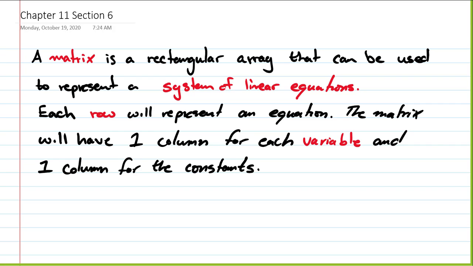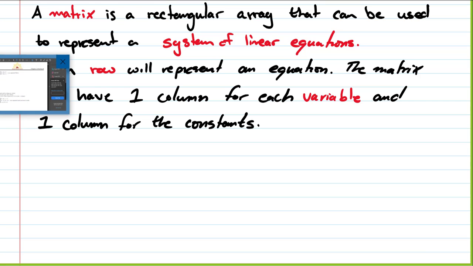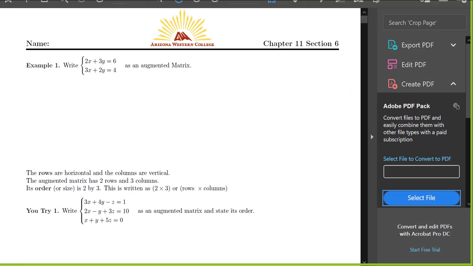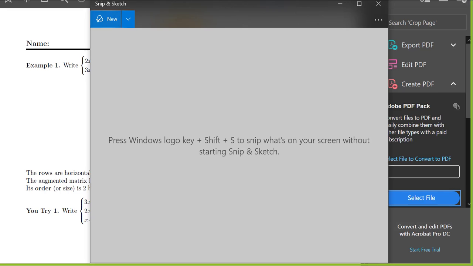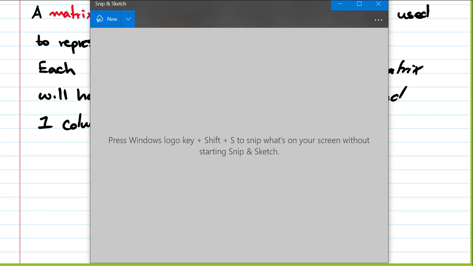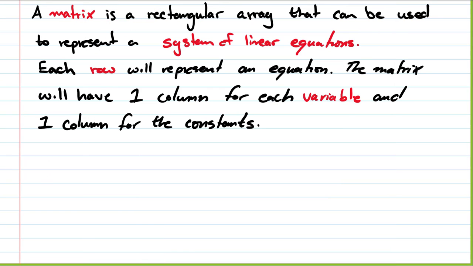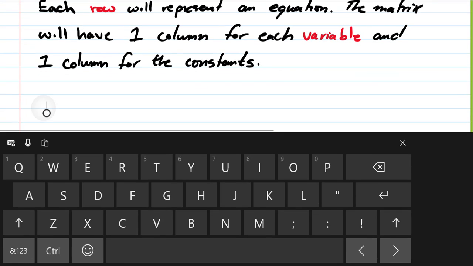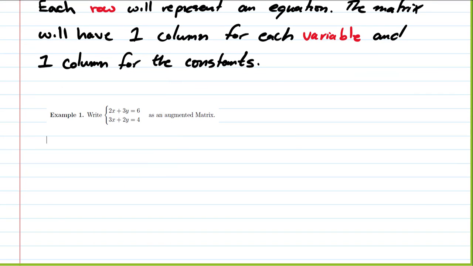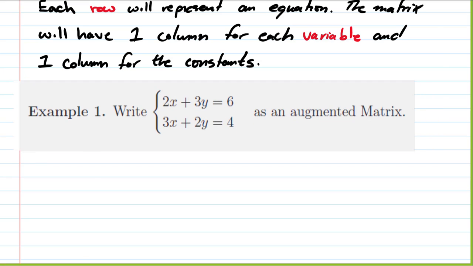All right. So the easiest way to explain how to turn a system of equations into a matrix is to just do it. So let's go ahead and take a look at example number 1. According to our definition here, we want to write this as an augmented matrix.